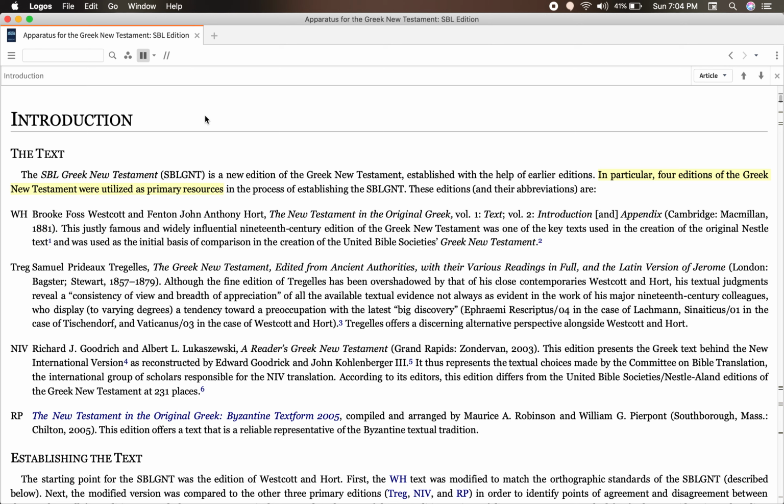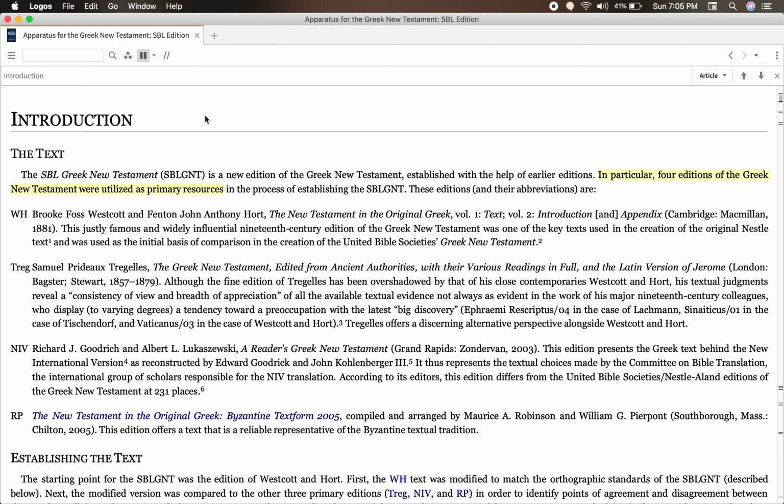And so what the SBL Greek New Testament has done, in their apparatus, instead of comparing all the different manuscripts, such as papyruses, lectionaries, codexes, or minuscules, or anything like that, is they've compared their base text to critical editions.